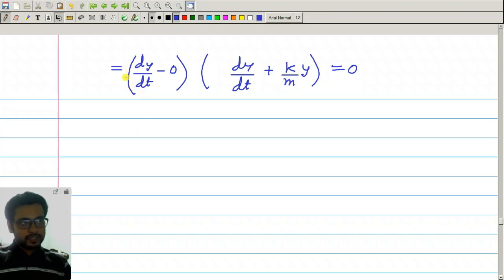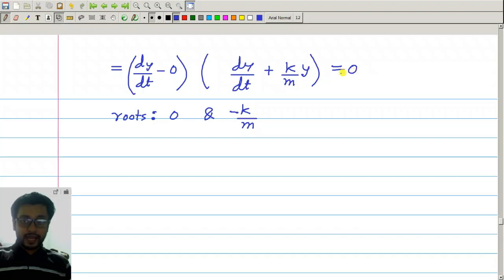So the roots of this equation will be 0 and minus k by m. This is a differential equation with right side being 0, which we call a homogeneous equation.